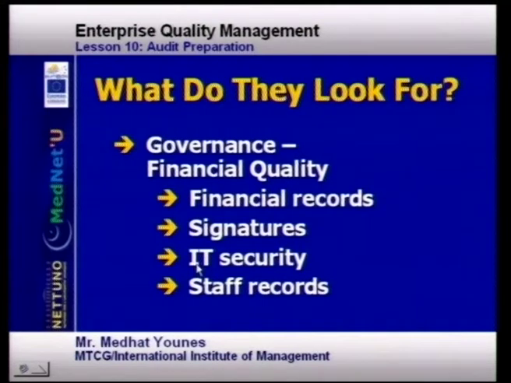They look for the integrity and security of your IT systems to make sure that it is not being compromised and the numbers are accurate and reflect the actual transactions. And finally, they look to examine the staff records.